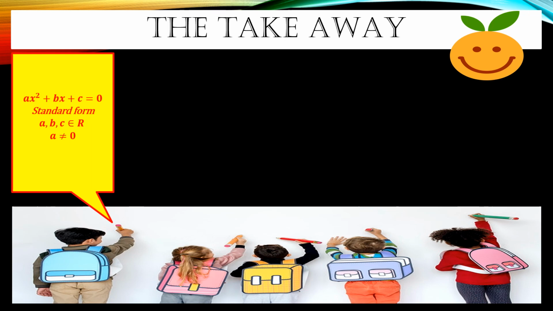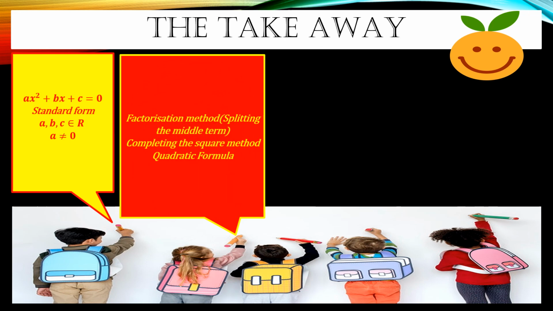Remember this thing, right? Now second point, the factorization method, completing the square method, and quadratic formula for solving or finding the roots of the equation. That is a takeaway from this chapter. Factorization method is the same as splitting the middle term of a quadratic polynomial to find its zeros.